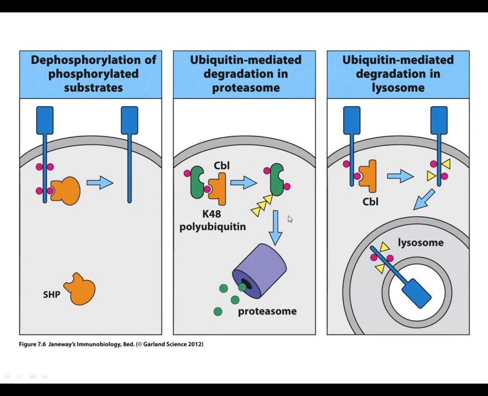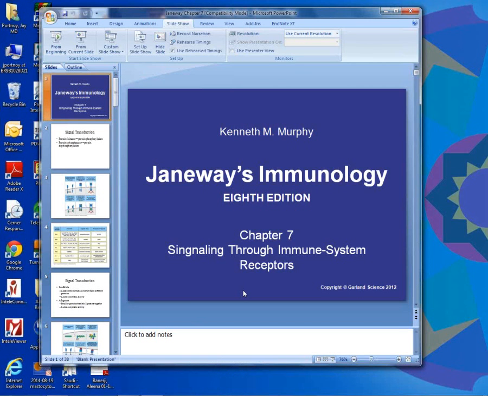So you get polyubiquitination, and once that happens, you get this ubiquitin tail that signals to the proteasome to degrade it. So that's what I want you to know about ubiquitin. You can ubiquitinate something, and it basically marks it for degradation. And that's it.